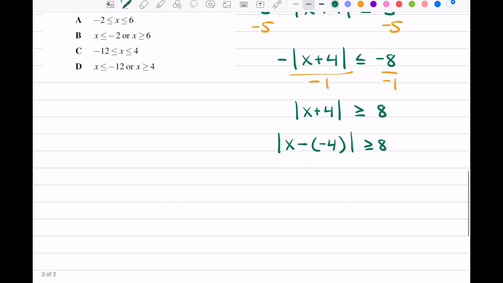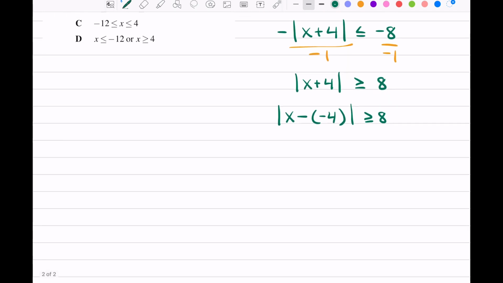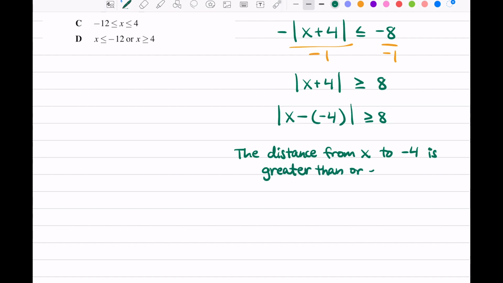So now we can translate this inequality into words. We can say that the distance from x to negative 4 is greater than or equal to 8.